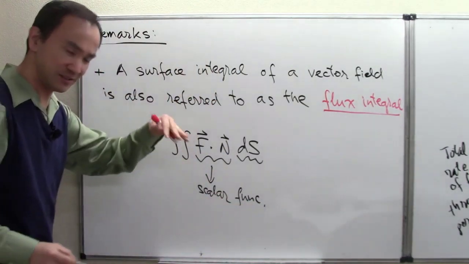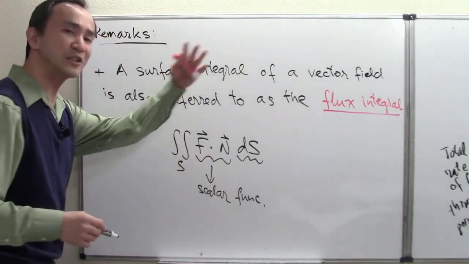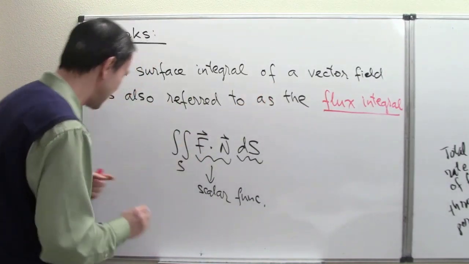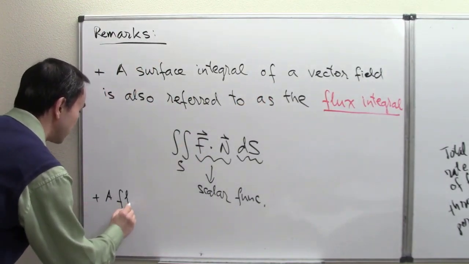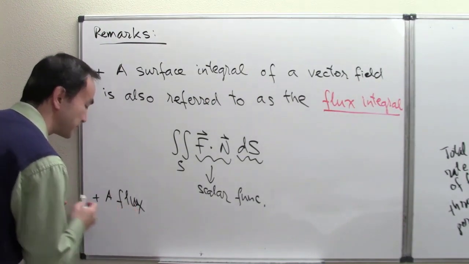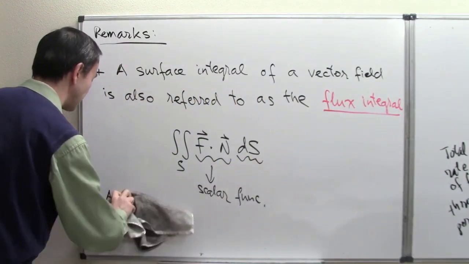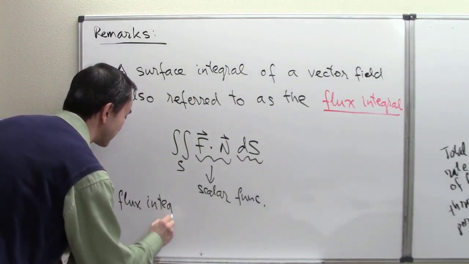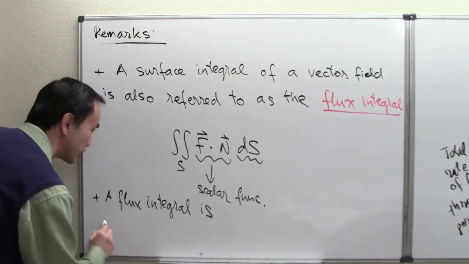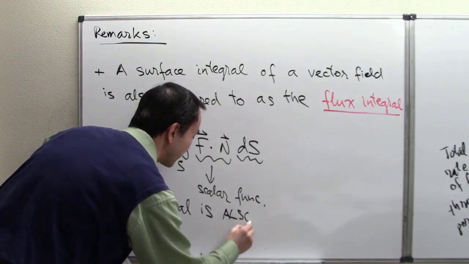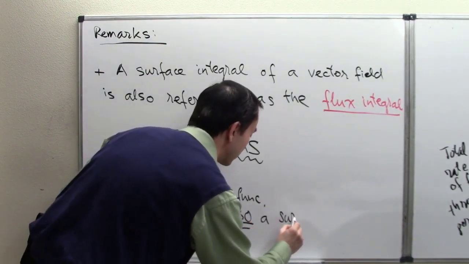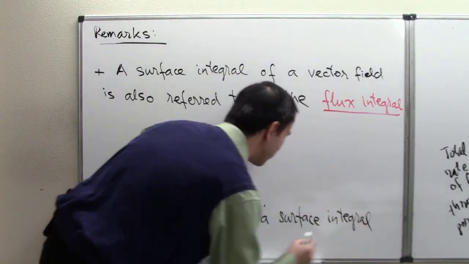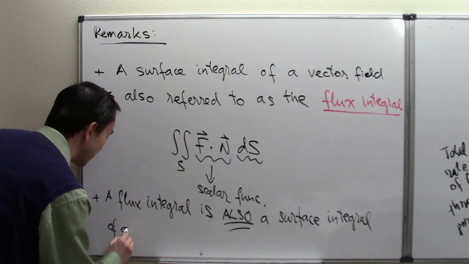And so in the end, even though we moved on to a flux integral or a surface integral for a vector field, a flux integral is also a surface integral of a scalar function.